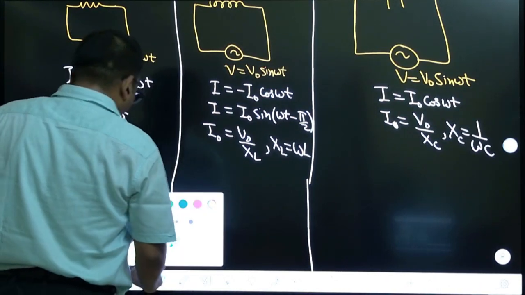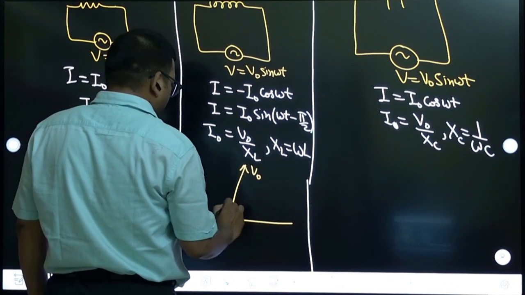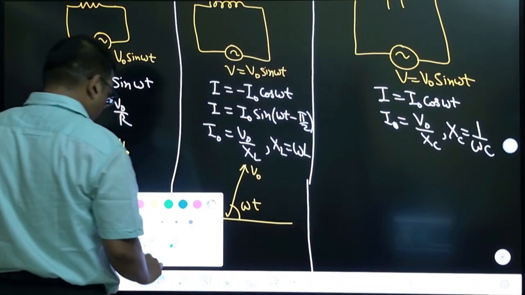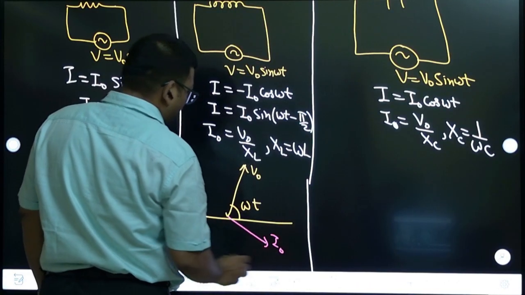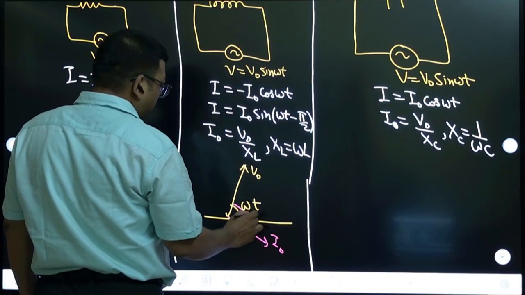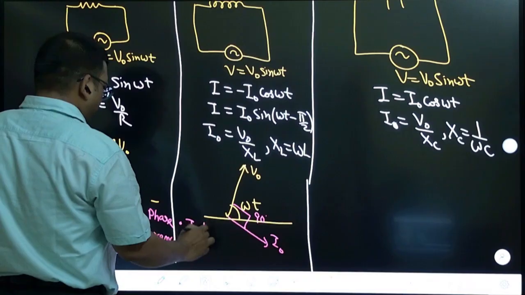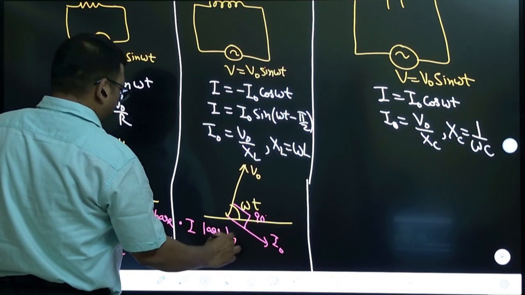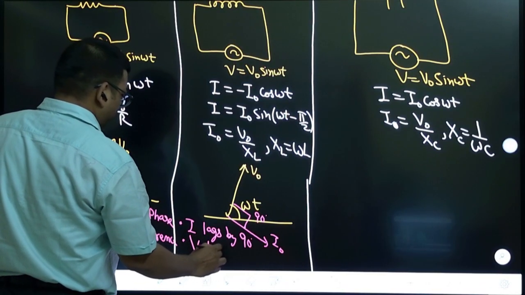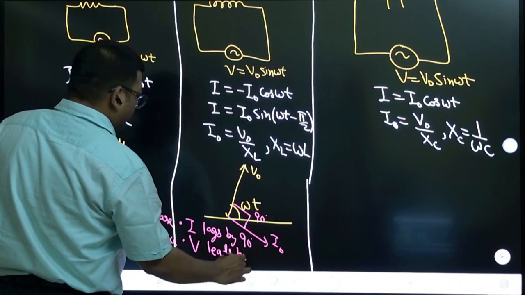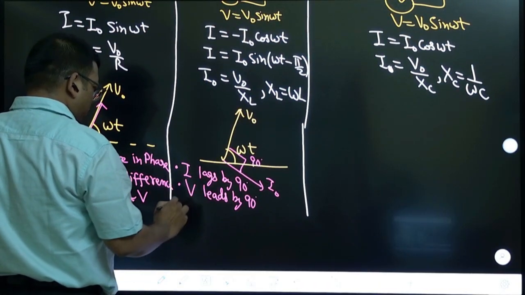But when you draw the diagram for the inductor, this is the voltage V naught at omega t, and the current I naught will be lagging by 90 degree. Here current lags by 90 degree, or voltage leads by 90 degree.